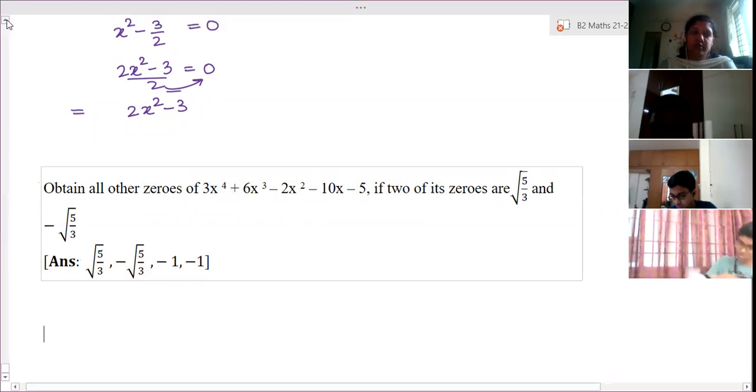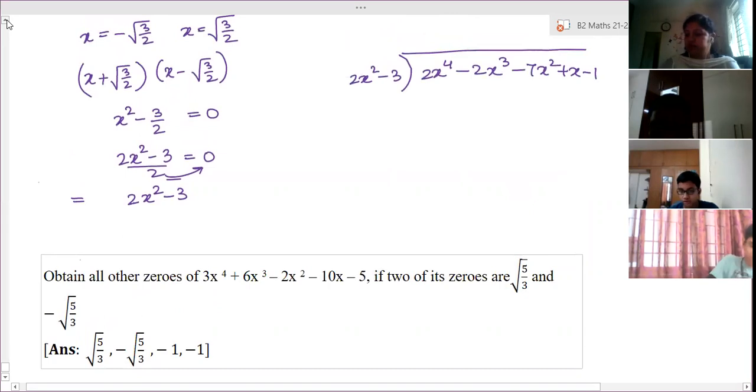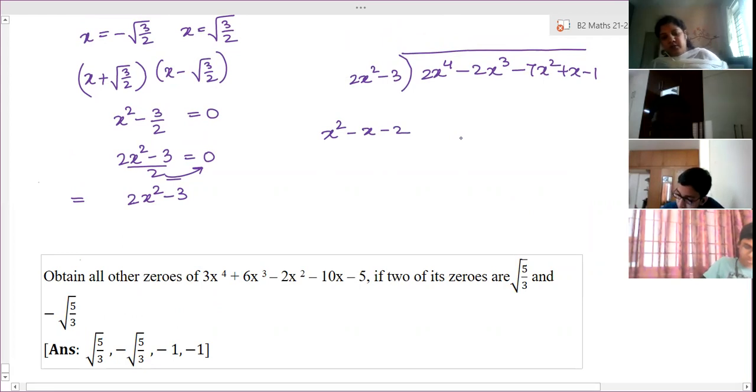What's the quotient you got? I got x square minus x minus 2. Ma'am, I got my mistake. So it is minus 2x and plus 1 plus x.